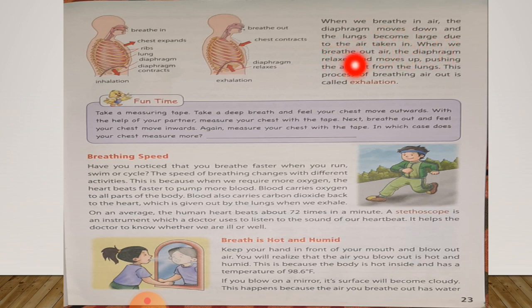When we breathe out air, the diaphragm relaxes and moves up, pushing the air out from the lungs. This process of breathing air out is called exhalation. So, the diaphragm relaxes in our body when we expel the carbon dioxide which is present in the air of our body from our nose.